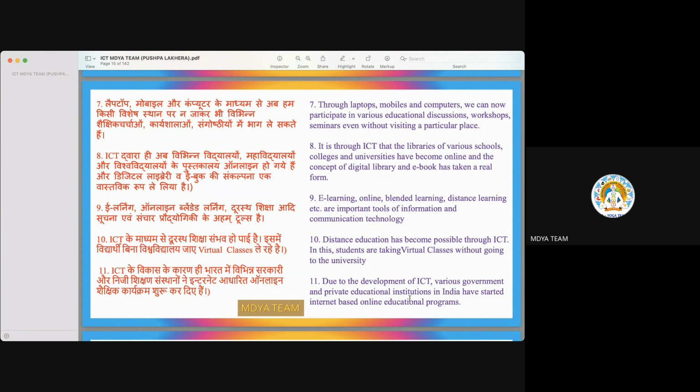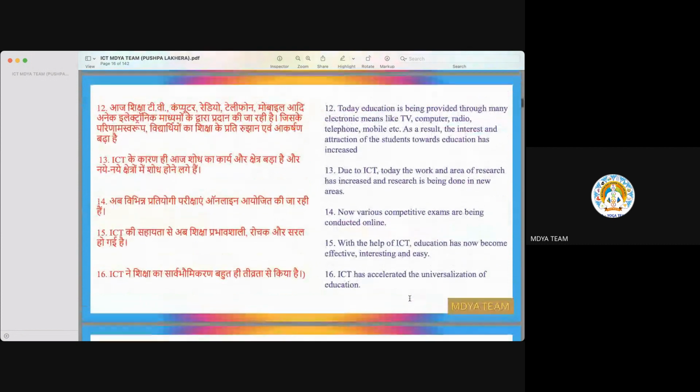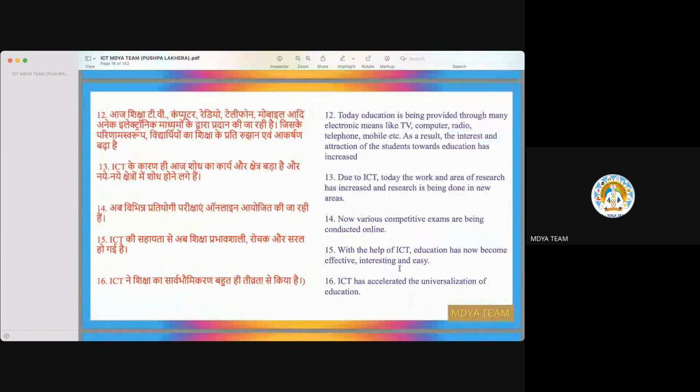Due to this development, various government and private educational institutions in India have started internet based online educational programs. So education today is provided by TV, computers, radio, telephones, mobiles.